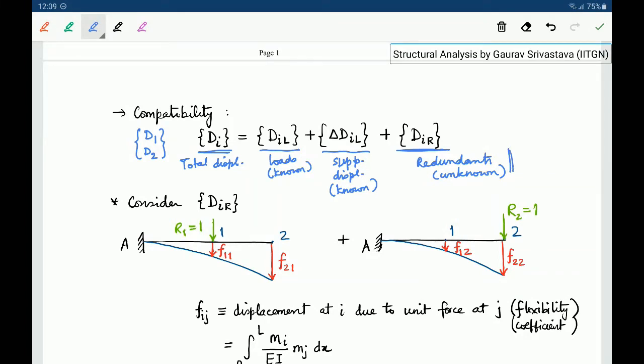When we enforce this, we will be aiming to calculate R1 and R2 from this equation. So this is the basic compatibility equation.